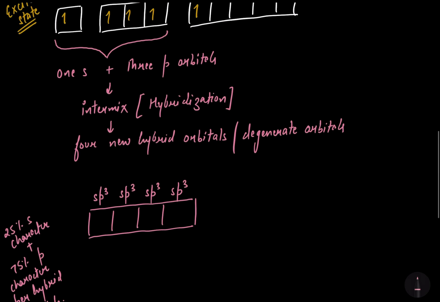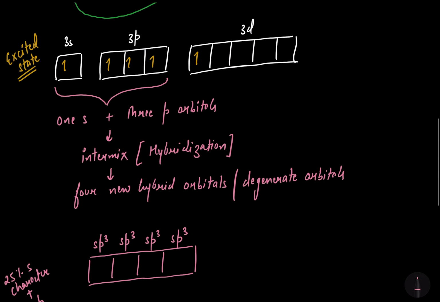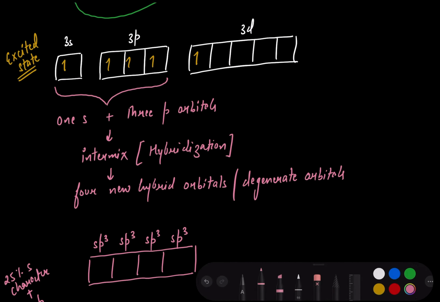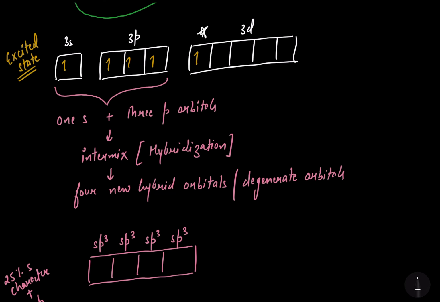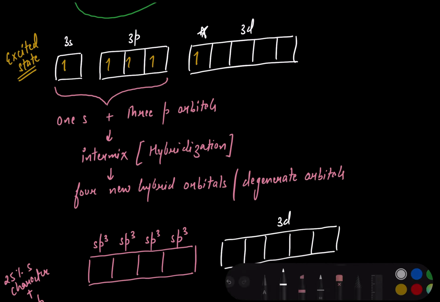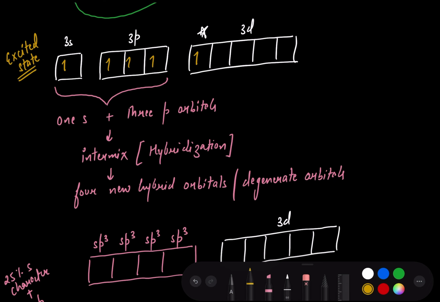Now, what are we left with? We are left with a 3d orbital which was having one electron. So we need to make that 3d subshell again along with the sp3 hybrid orbitals. That's the 3d subshell. So now let's fill the electrons. The one electron was in 3s and 3 electrons were in 3p.